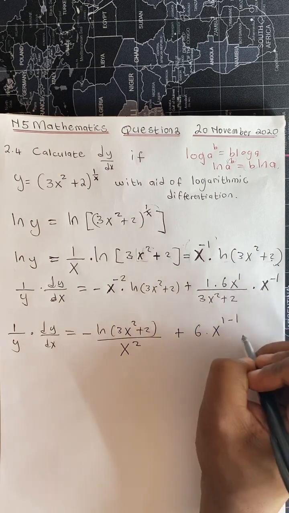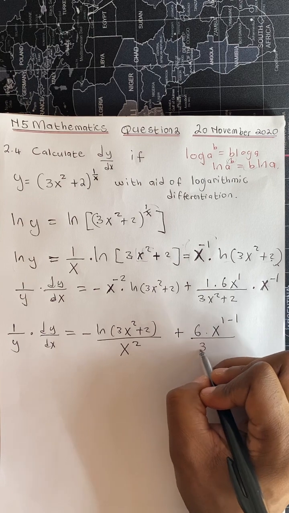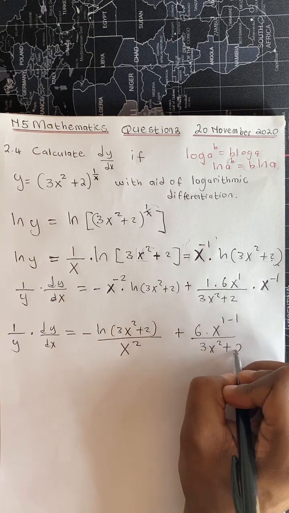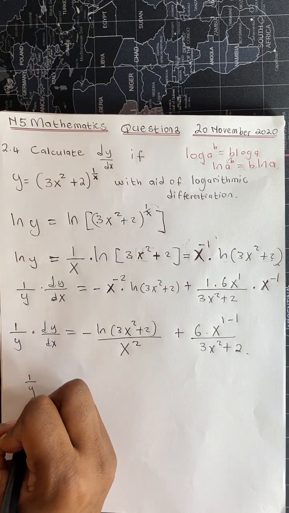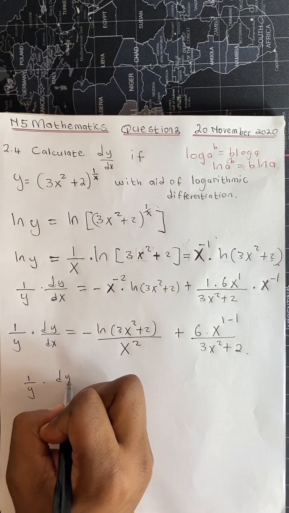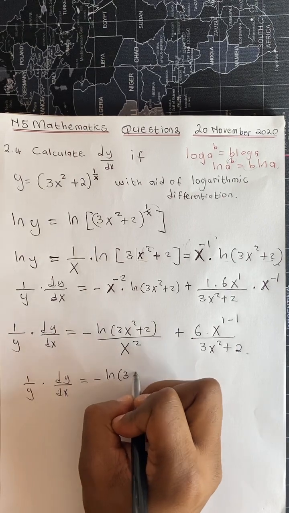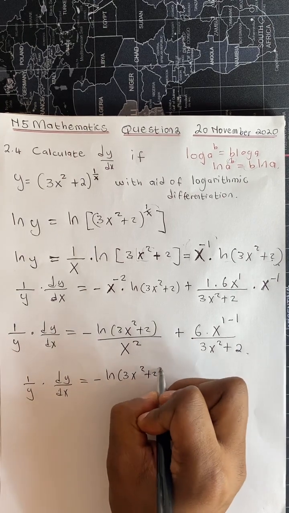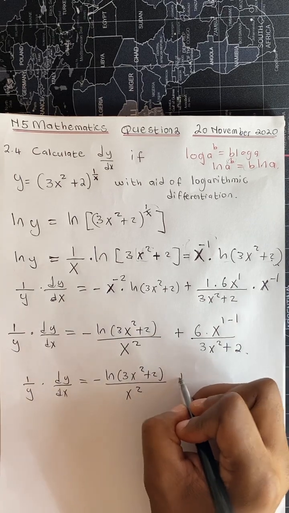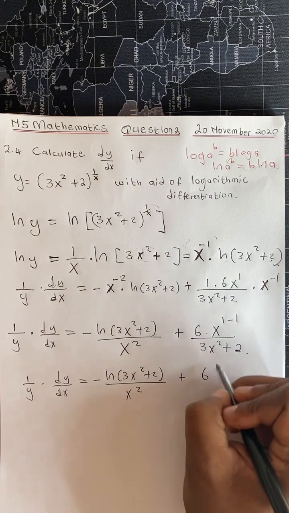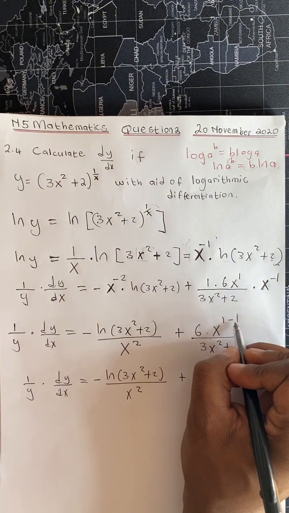1 minus 1, so the bases are the same. We add the exponents. So 1 minus 1 is equals to 0, and x raised to the power 0 is equals to 1.